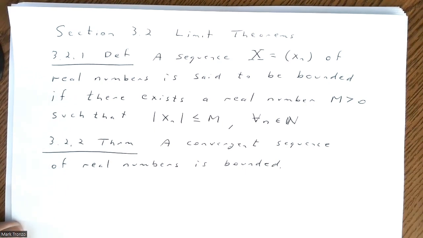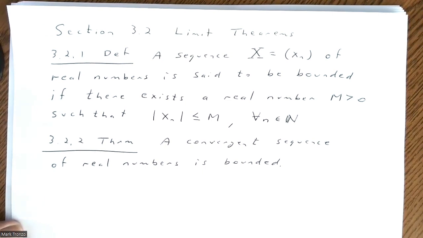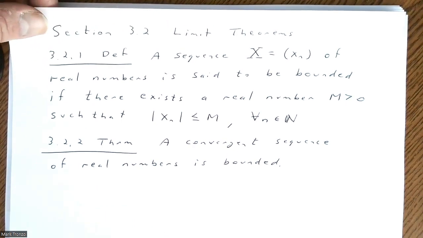Let me see. Some of these other theorems are kind of clear cut, so I don't want to put too much stuff down that we don't need. One thing, and you sort of did this when you did a lot of sequences in Calc 2, you maybe didn't use these exact terms, but you used these ideas.